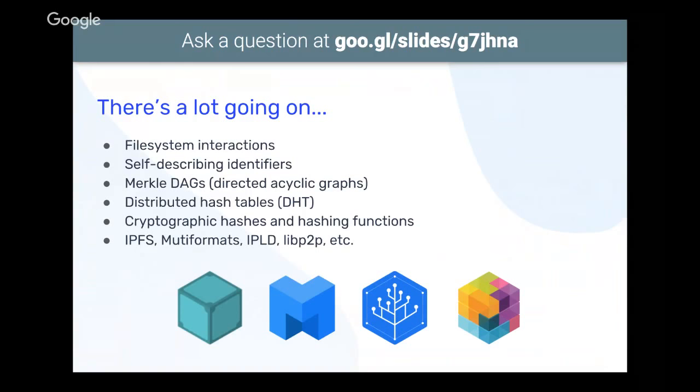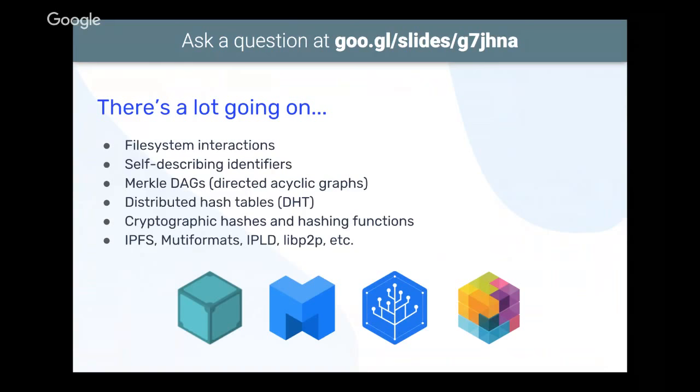And there is a lot going on, right? The IPFS project has slowly broken out into a bunch of sub-projects, each tackling a very specific piece of that protocol stack that we were talking about earlier. So you have things like file system interactions. That happens in Go IPFS, the reference implementation of IPFS in the programming language Go. You have self-describing identifiers that are part of the multiformats project.